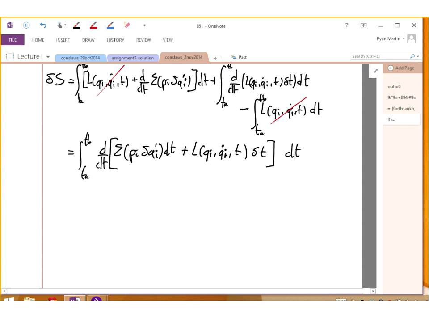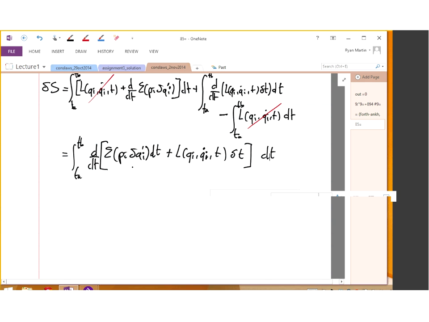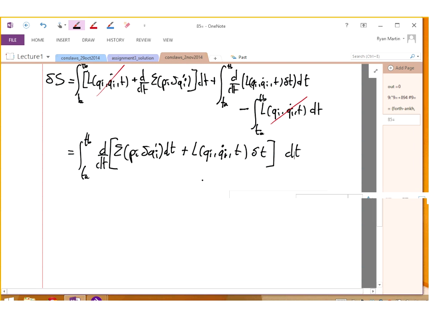So now remember earlier I made this point that the delta qi primed was actually equal to the delta qi plus qi dot delta t. All right.